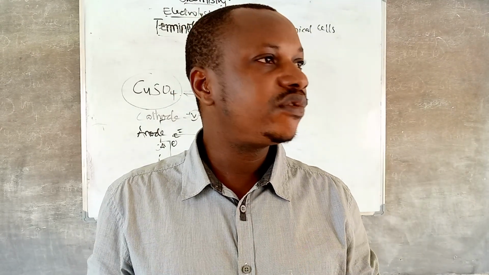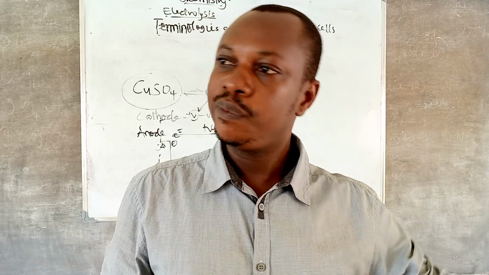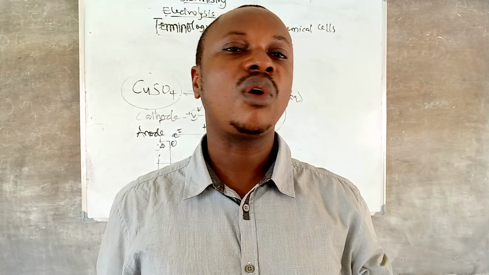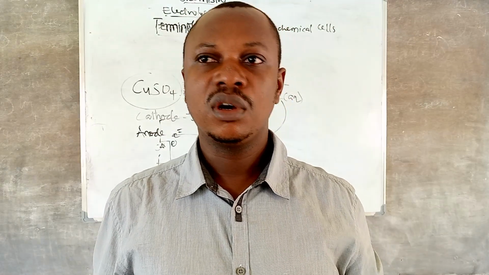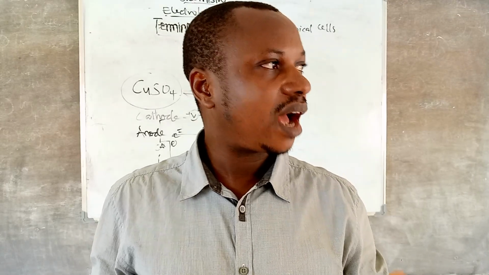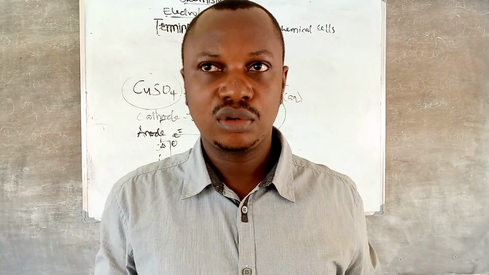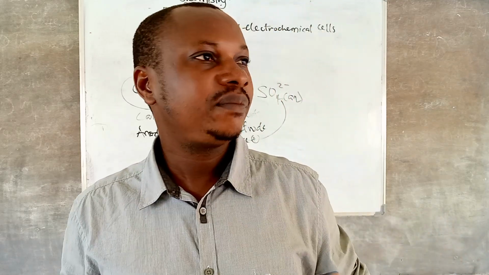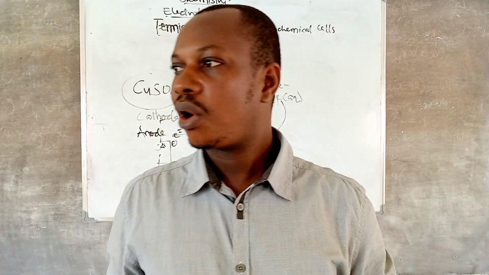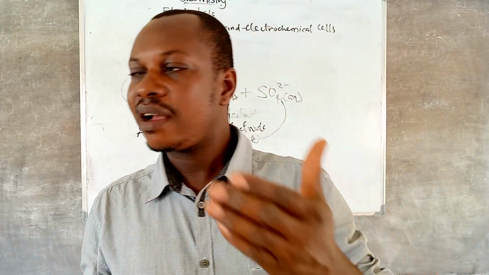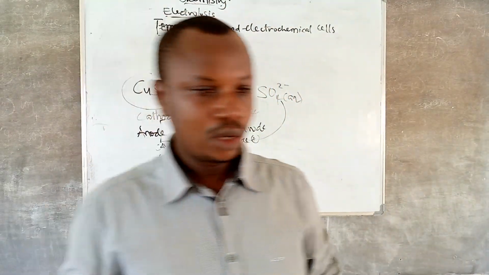Another one: oxidation always occurs at the anode. In oxidation, we have electron loss. So oxidation will always occur at the anode, while reduction occurs at the cathode, whether in an electrolytic or electrochemical cell. That is their similarities.